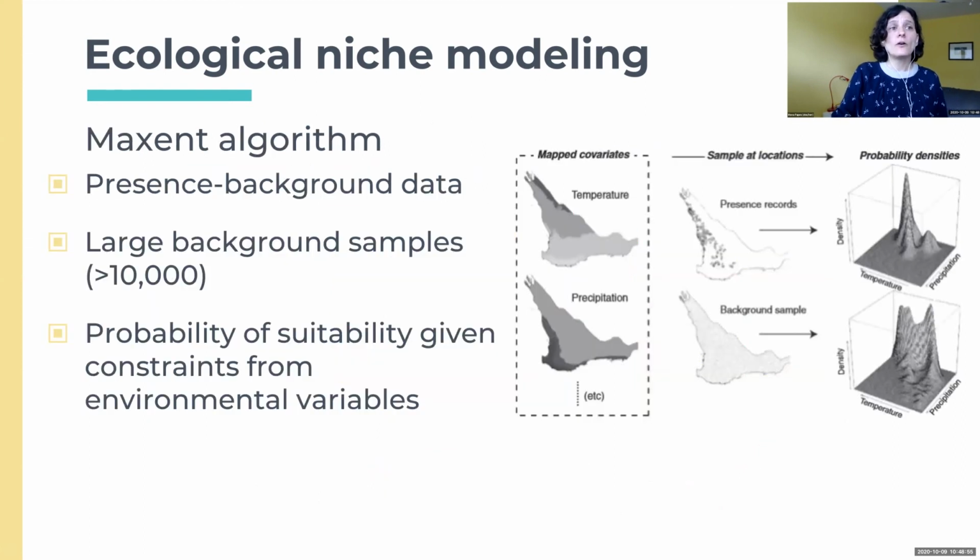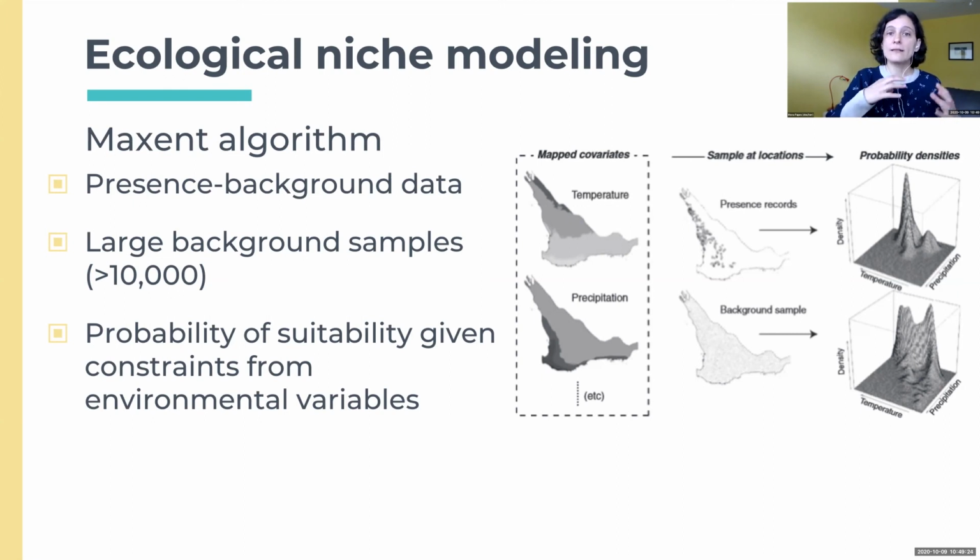Now, for the two studies I'm showing today, we used an algorithm called Maxent, which stands for maximum entropy. Maxent uses environmental data as predictor variables and presence data of a species as input, but it also samples the background, or the rest of the study area.